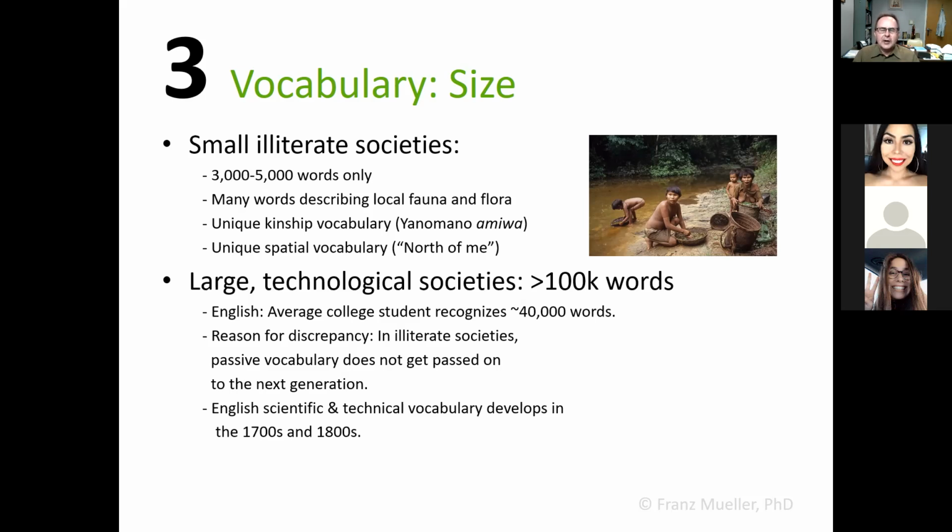You may be a parent, you may know the word, but if none of the parents use that word with their children, then the children will not know that word. The word will no longer be part of the language. So there's a high turnover rate of words in small illiterate societies.